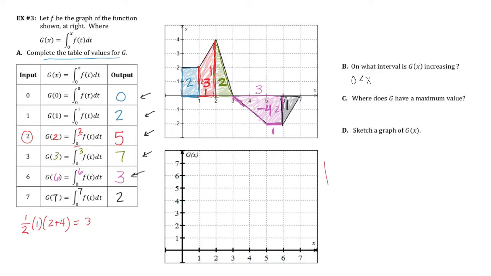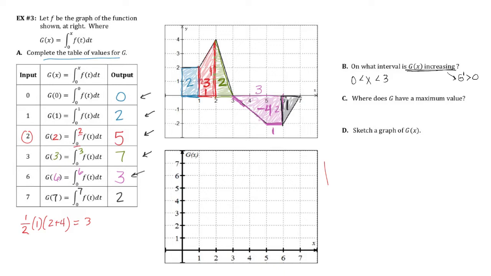Now, a little bit of reminding here. If G is increasing, then we always said that that means that G prime is positive. And this is going to tie in a huge concept for us here.